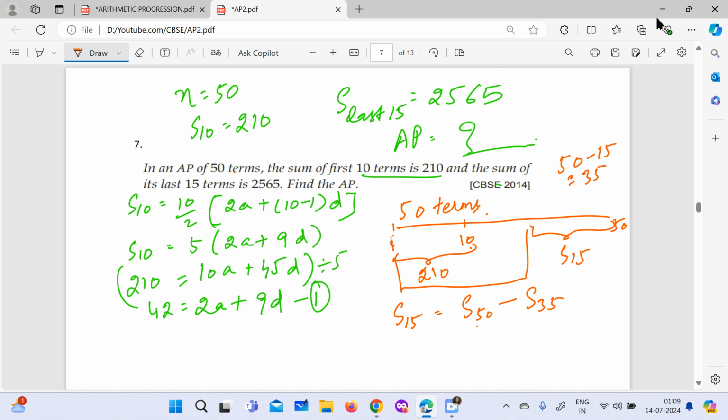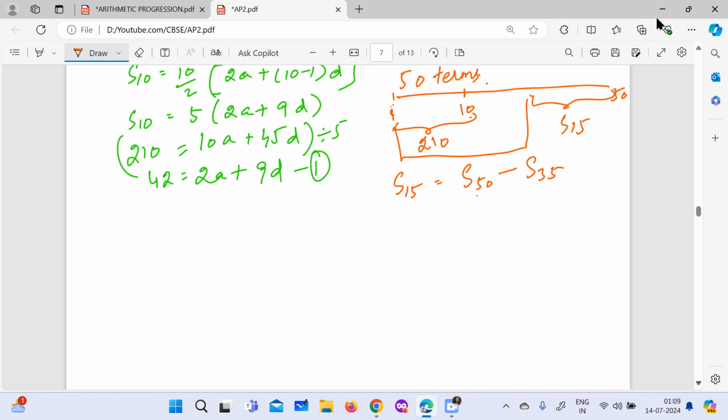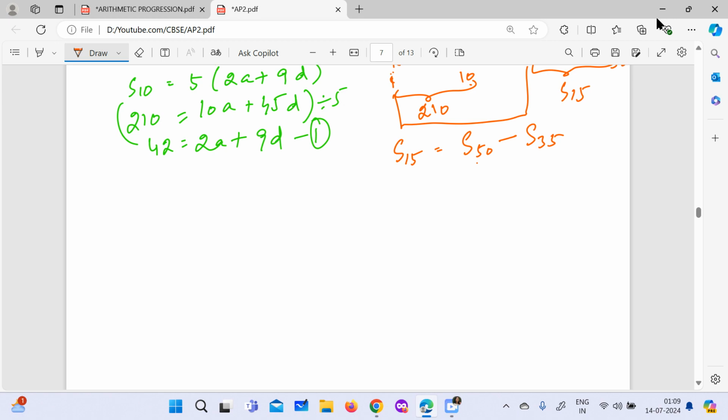I guess this is easy to understand. So it's already given here, sum of 50 terms minus sum of 35 terms equals sum of last 15 terms.